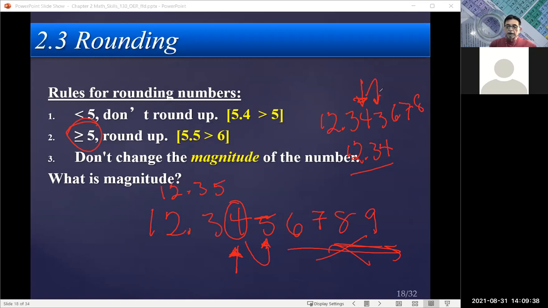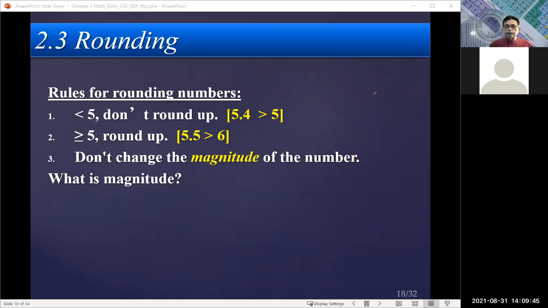All right. So what do we mean by changing the magnitude? I think a rule to remember is this; I'm making up these numbers very quickly. If I need to round at the 4 here, then it's straightforward.